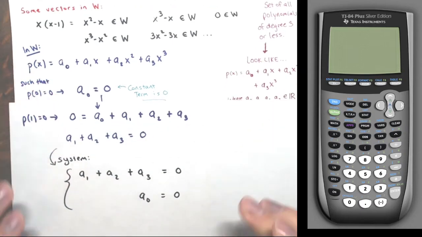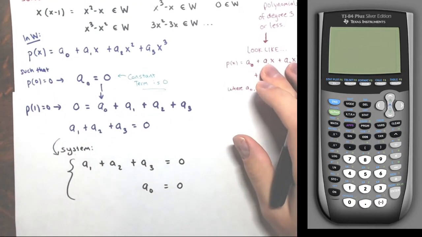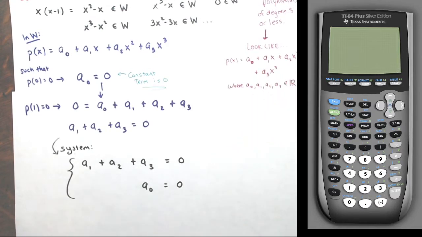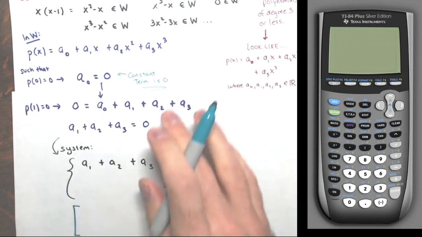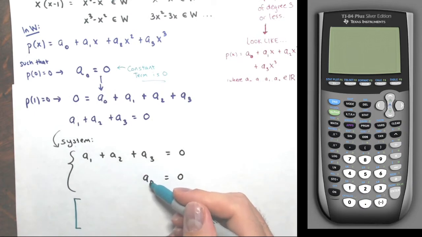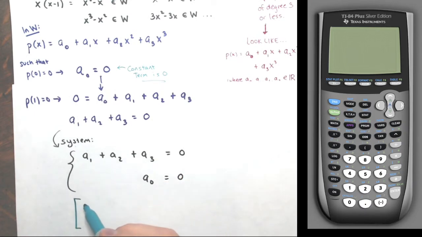Now if you wanted to write this as an augmented matrix like we're used to, down the first column I'll put the coefficients of a0. So that would be 0, 1, right?